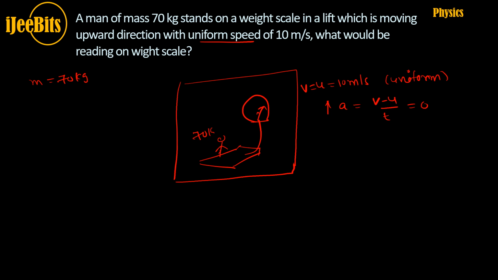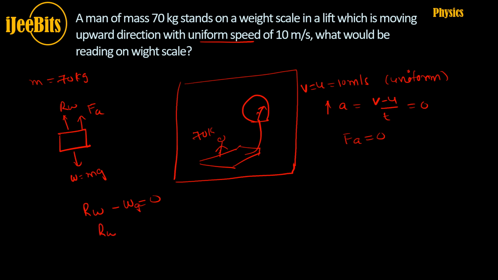So if you look at a simple diagram, let's say your reading value, the lift force, you can say FA, and then in the downward direction mg, the weight, right? If you balance it, since a equals 0, FA would be 0, and hence all you need is Rw minus weight equal to 0.